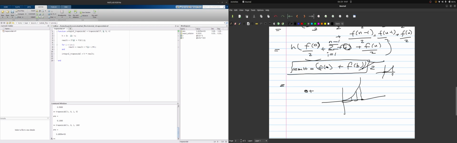So the first one is f0 over 2 plus f1 plus f2 plus f3 plus fn over 2. This is the starting point, this is the ending point.